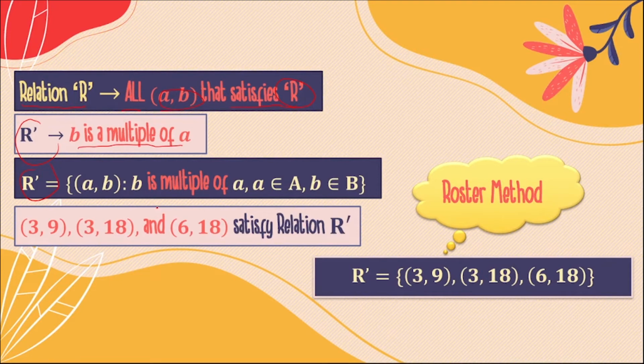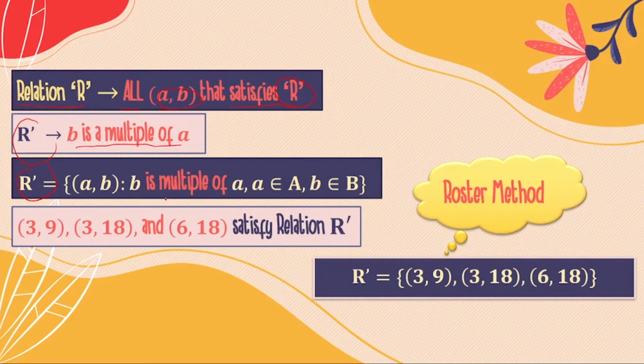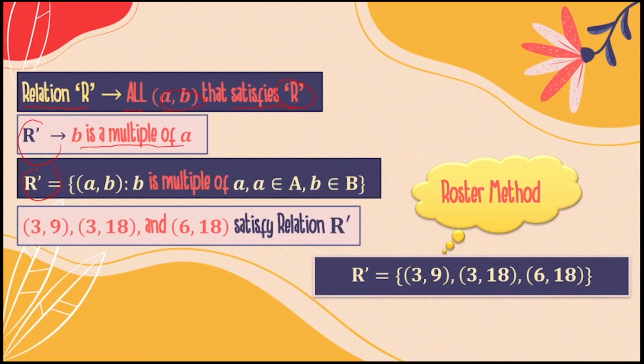Please note that b has to be a multiple of a here. Now, let's choose ordered pairs from the Cartesian product A cross B that satisfy the relation R dash. Notice 9 is a multiple of 3, 18 is a multiple of 3, and also 18 is a multiple of 6.